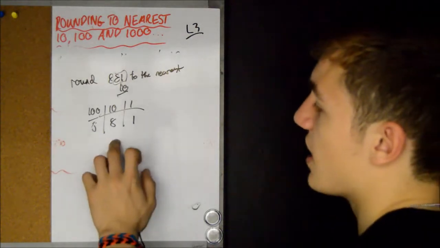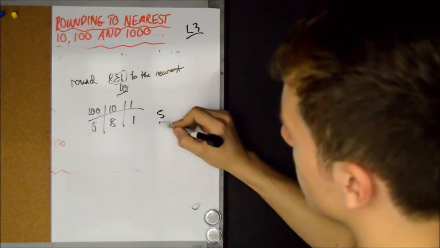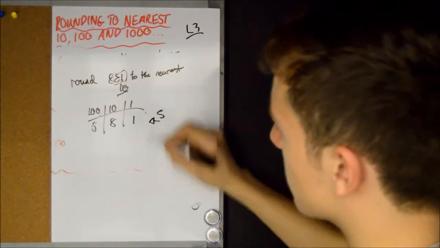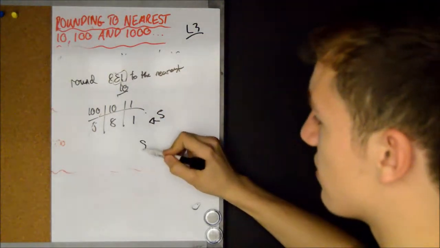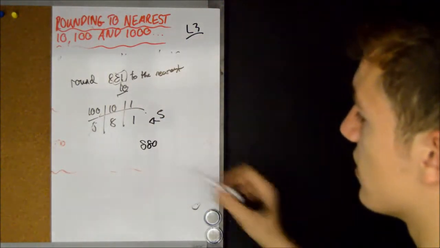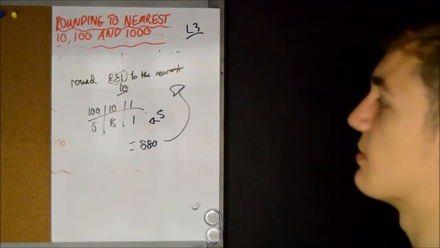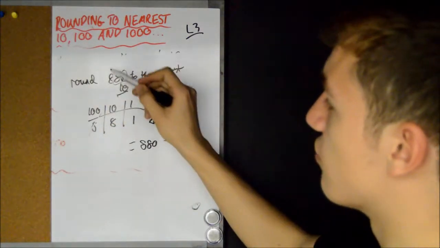So 81, we can see that the 1 is below 5, so we round it down to 80. So the answer when rounding to the nearest 10 here would be 880, because we're rounding using the 10s only, not the 100s column.